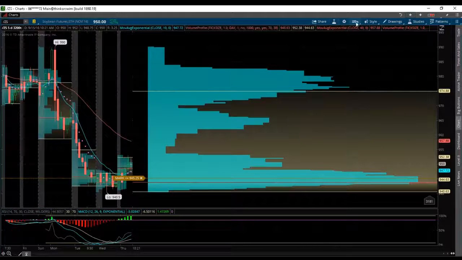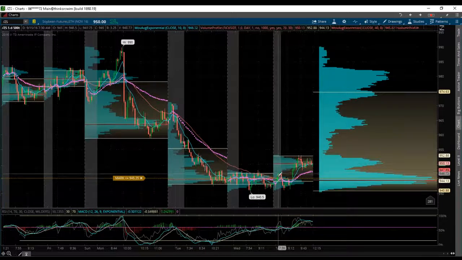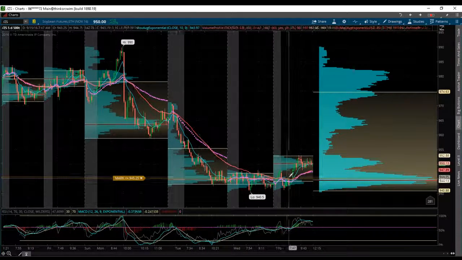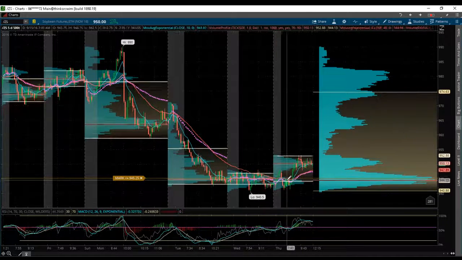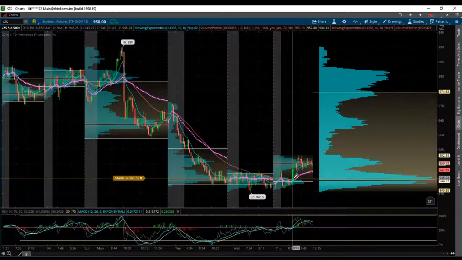Actually, let's go and look at this level. You can see that we kind of opened and bounced. We tested lower, came up to that 945, tested lower again, and then came through, and that's where I got long, right here on this next test.